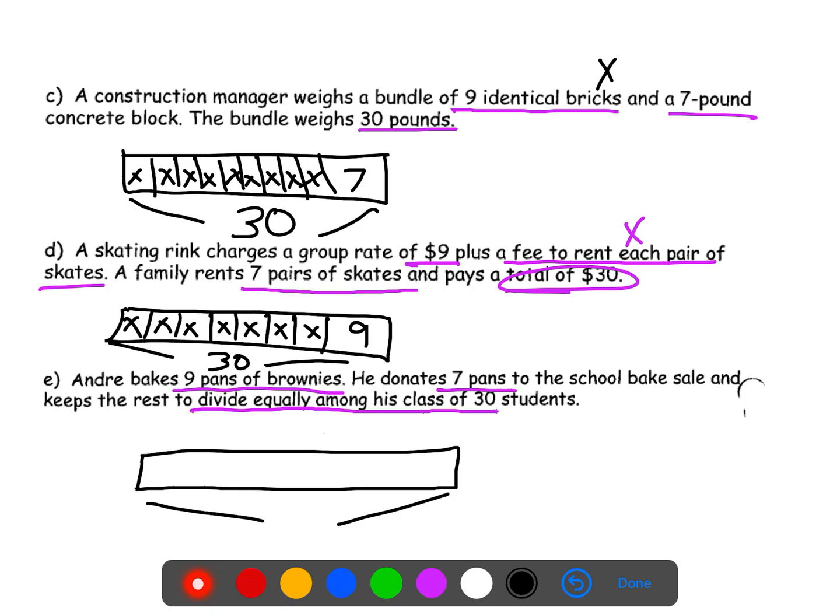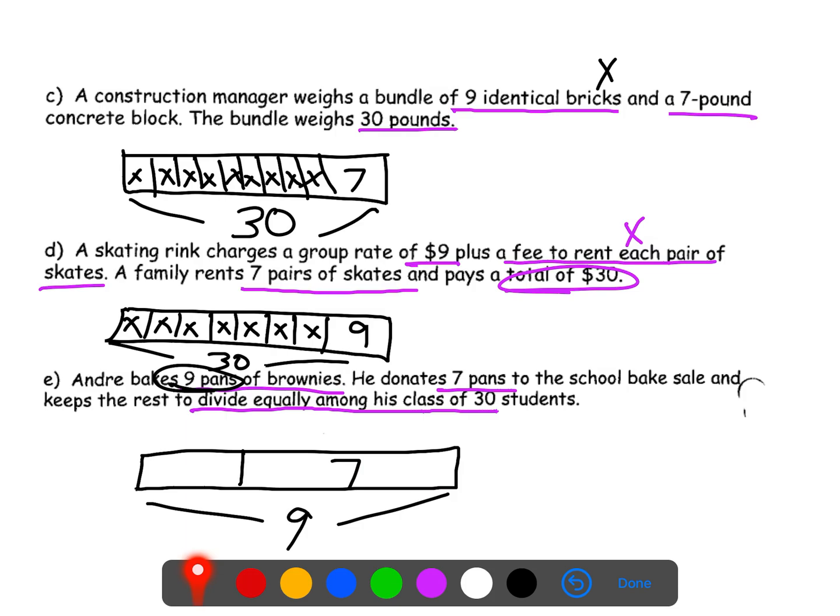So if we look closely, our total is what he baked. He baked 9 pans of brownies. Now, we were told that he donated 7 pans. So, 7 pans is most of this tape diagram. So we'll try to make it kind of proportionate here, making this the bigger section.